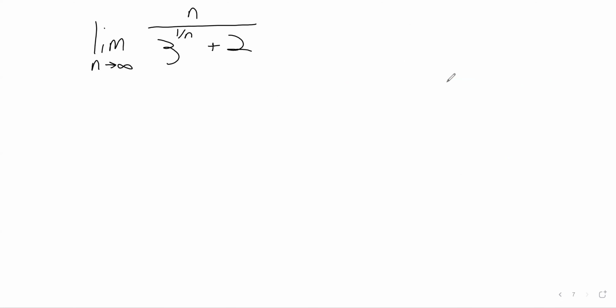And as n goes to infinity, well, n is showing up twice here, but let's just take this piece by piece. As n goes to infinity, this goes to infinity. 1 over n is going to 0. 3 to the power of 0 equals 1.